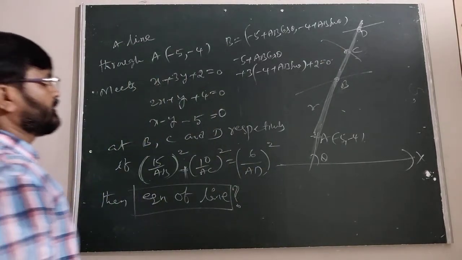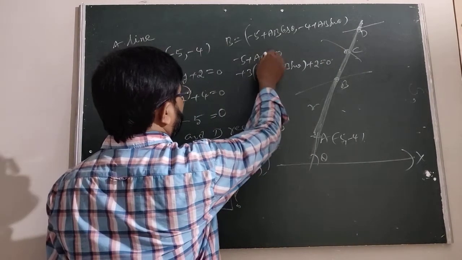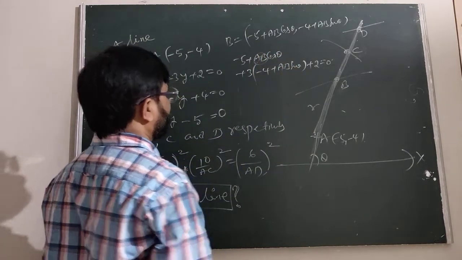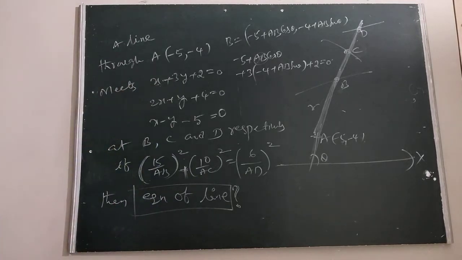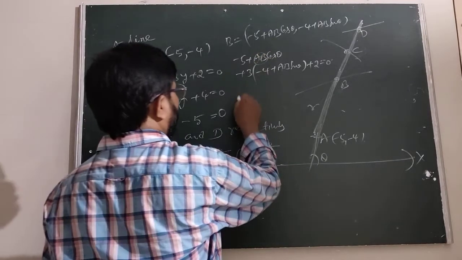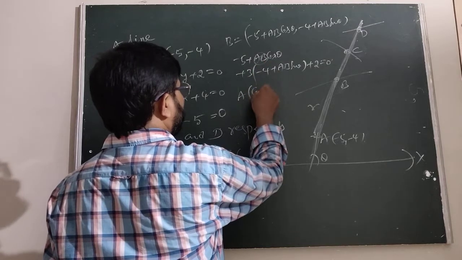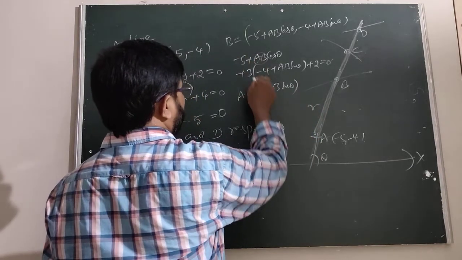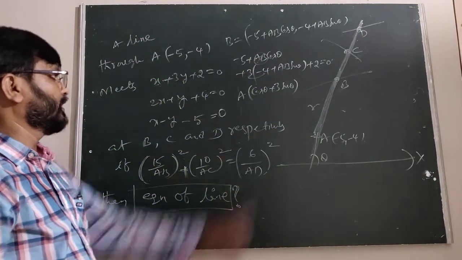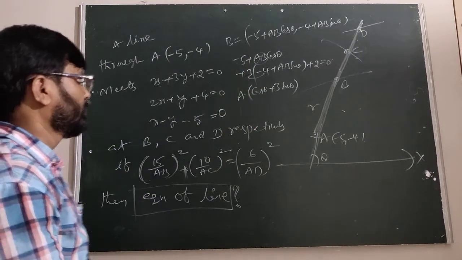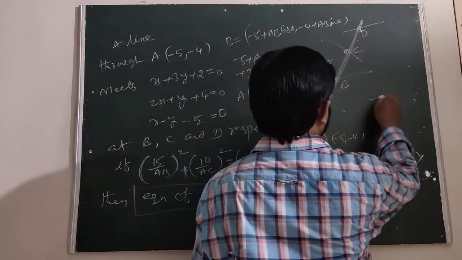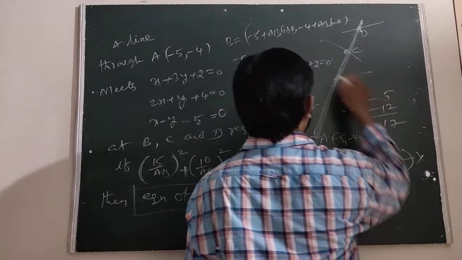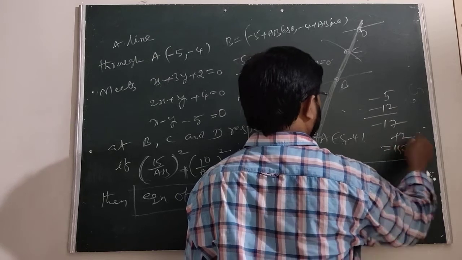Now is it clear? AB cos theta is there, and AB sin theta is there. Taking AB common, we get AB into cos theta plus 3 sin theta. Then minus 5, minus 12, that is minus 17, plus 2, gives minus 15.